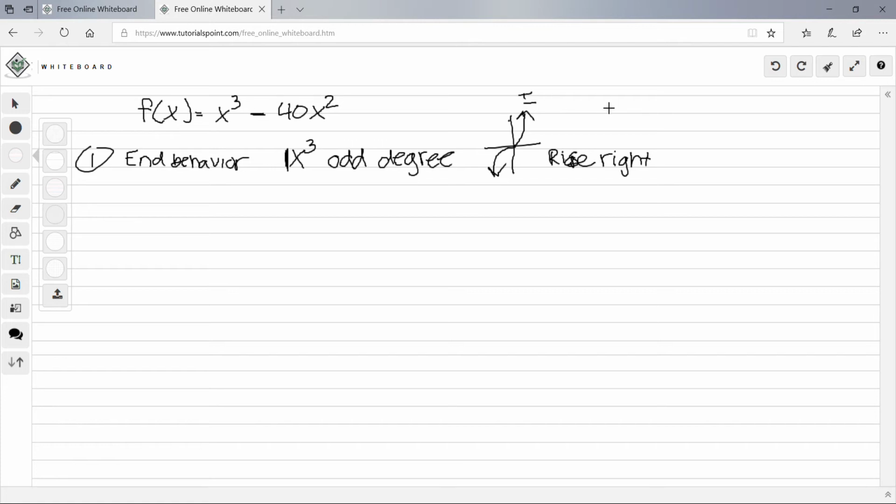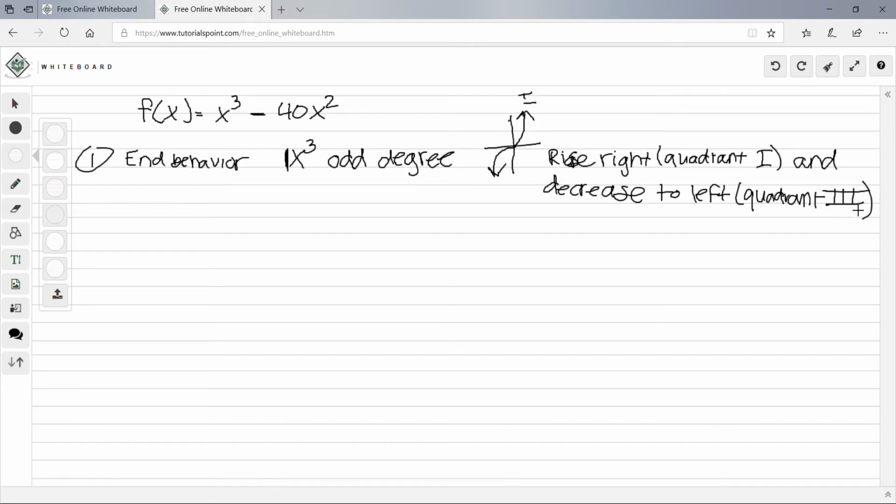That is quadrant 1, and decreases to left. That would be in quadrant 3. So we know our end behavior.